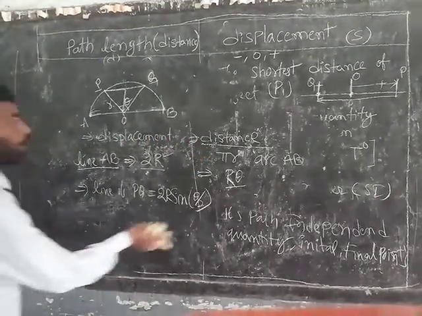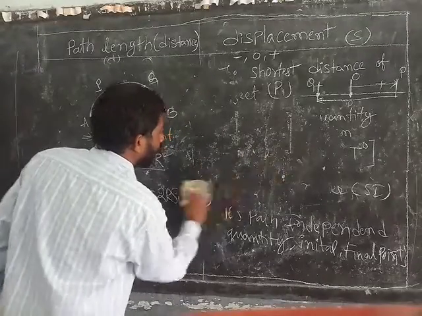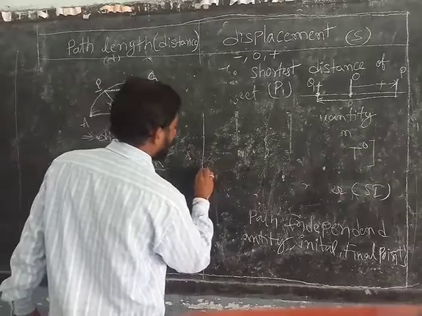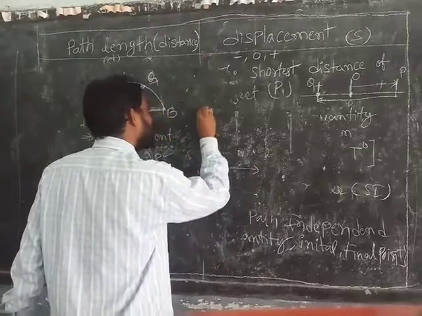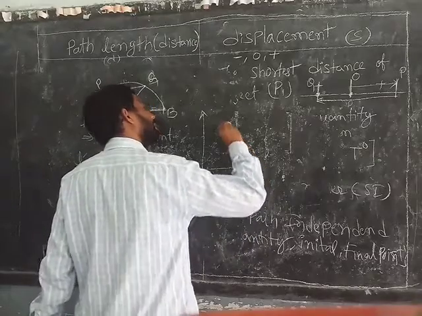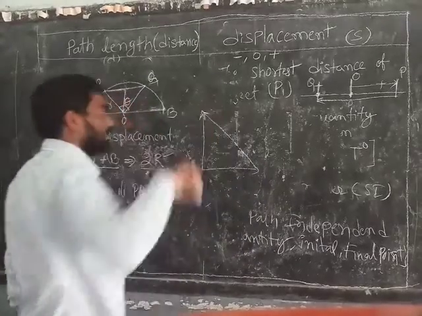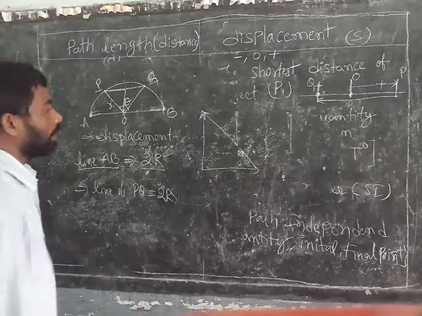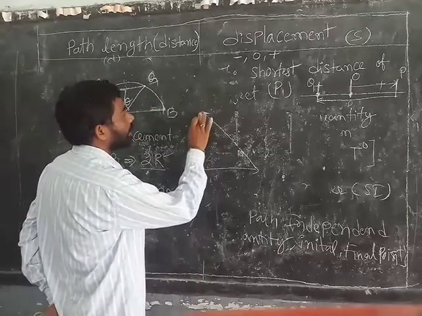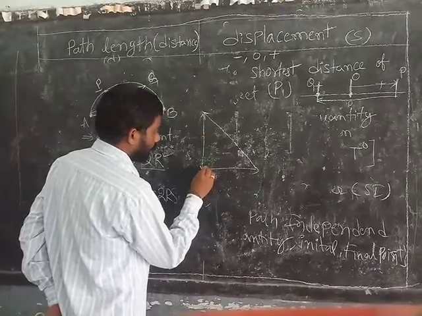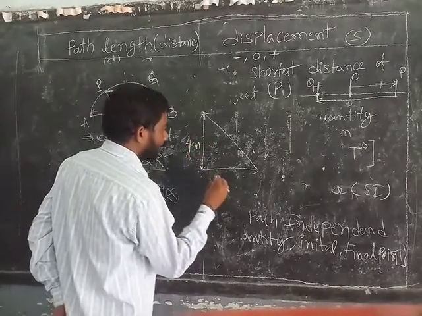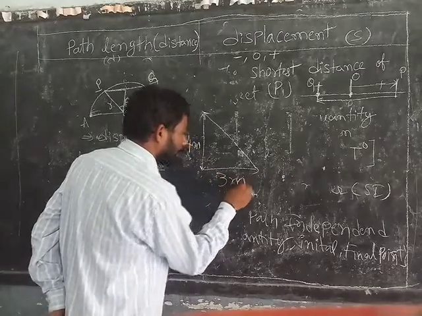The same thing applies. For example, this is a right-angled triangle, and take a diagonal. Suppose this is 4 meters and this is 3 meters.